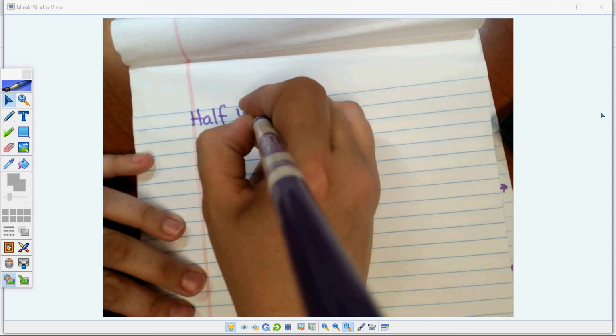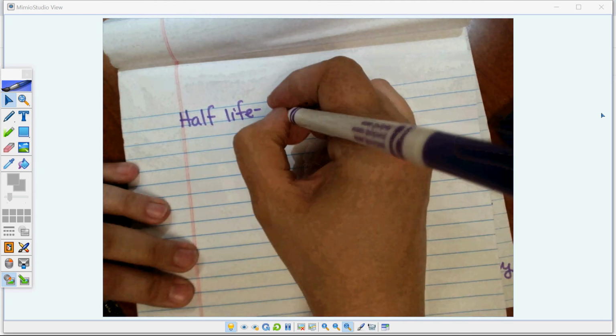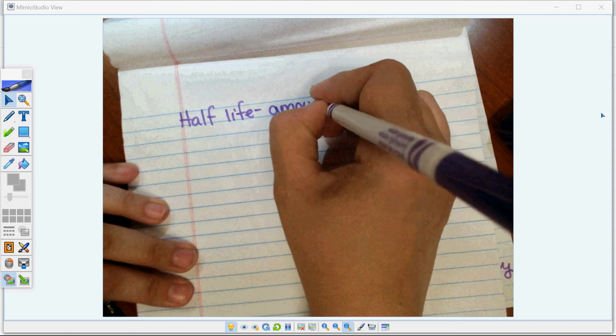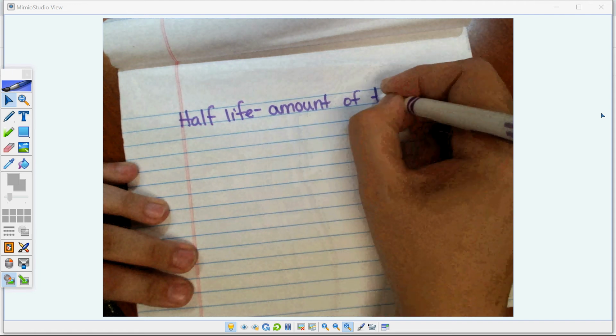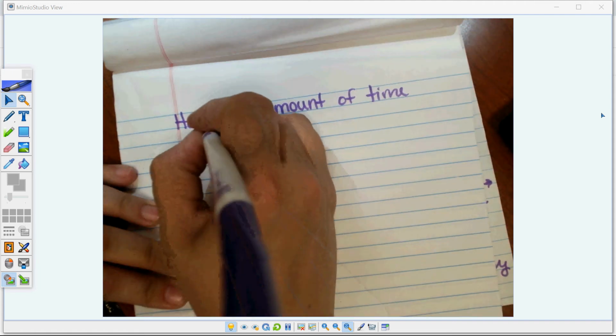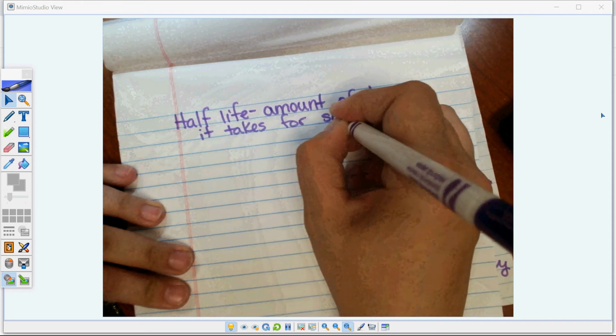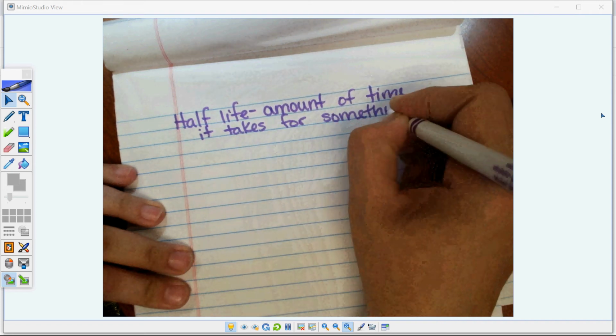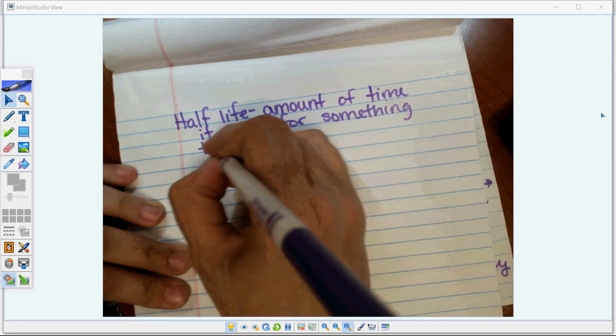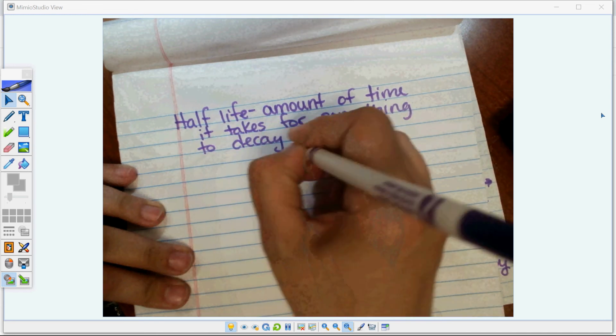And so lastly, let's just talk about half-life. This concept of half-life. All half-life means is the amount of time it takes for something to decay by half.